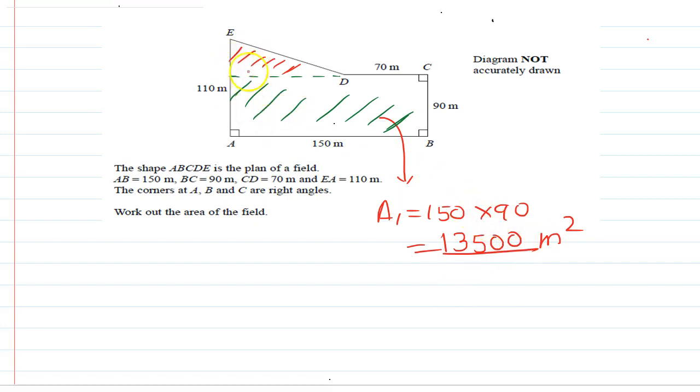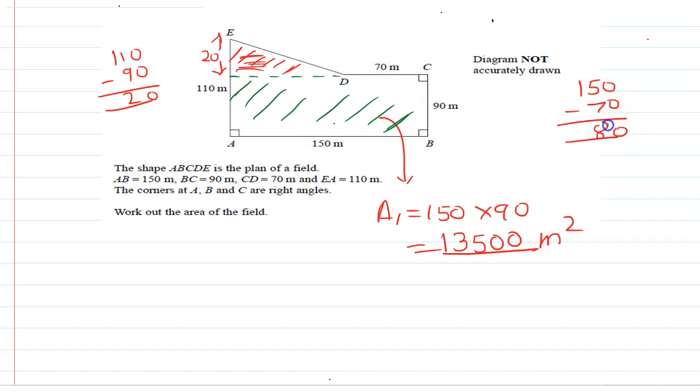Now we need to calculate this area. So this whole thing is 110 and this is 90. So 110 take away 90, so it is 20. So this is 20 from here till here. Okay. Now this is 70 and this is 150. So 150 take away 70, that is 80.